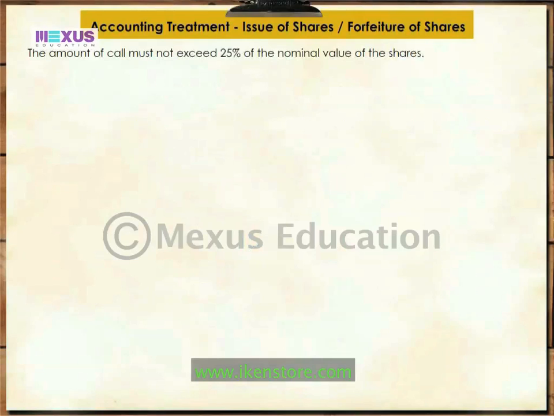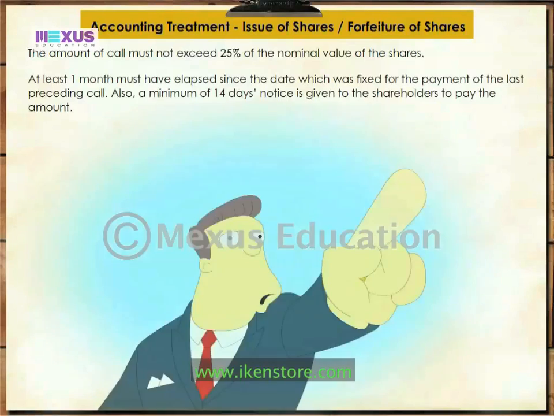The amount of call must not exceed 25% of the nominal value of the shares. At least 1 month must have elapsed since the date which was fixed for the payment of the last preceding call. Also, a minimum of 14 days notice is given to the shareholders to pay the amount.